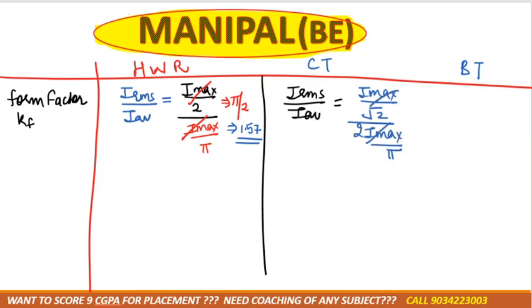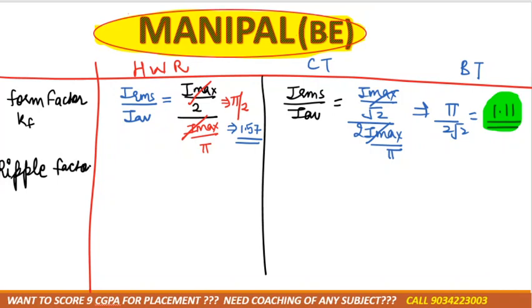So again I max would be cancelled out. It will be pi by 2 root 2 and its value is 1.11. This formula you have studied in BEE, right? Now the next formula which you need to remember is for ripple factor.